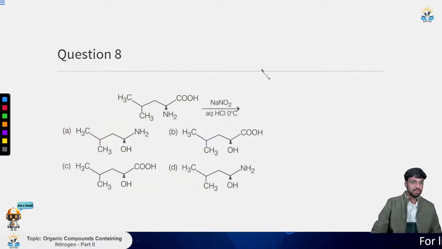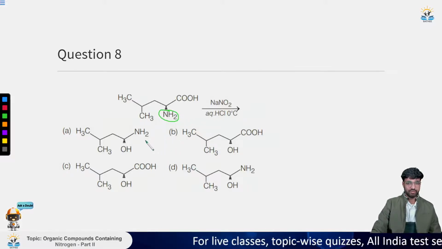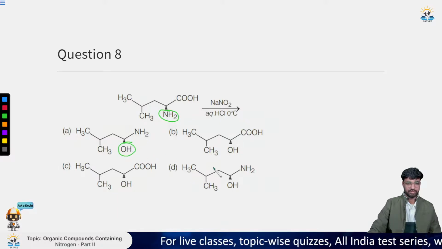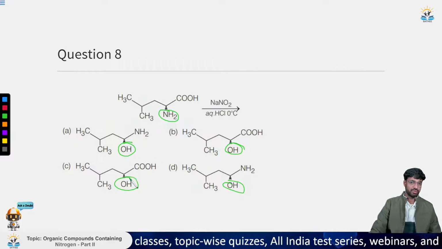Next, what we are doing is we are taking again NaNO2 and HCl. Okay, so what will happen? At 0 degree Celsius we are doing this reaction. So this NH2 will give you OH. So here is this OH, OH, OH and OH. So which will be the product?